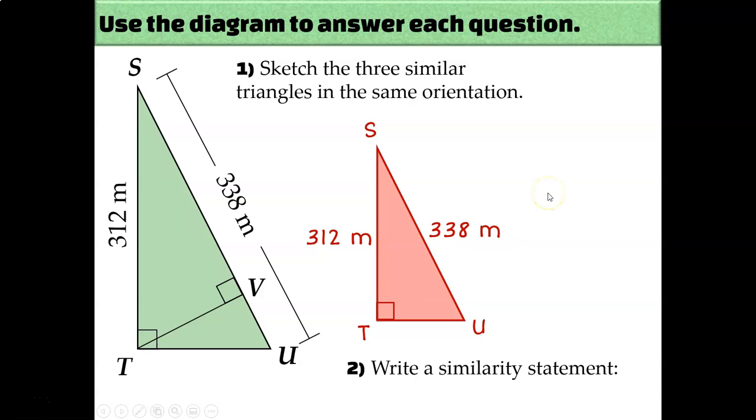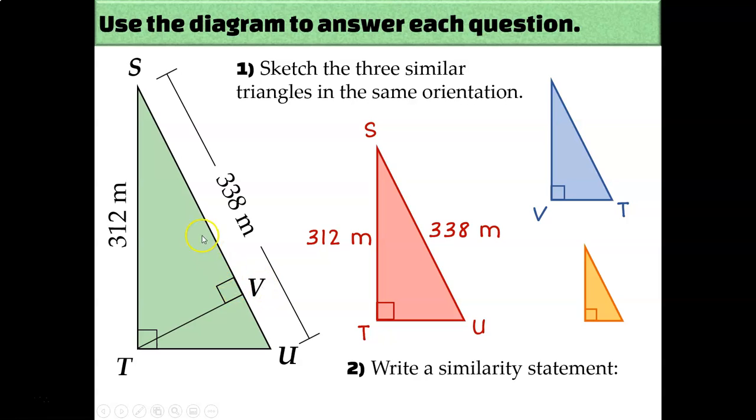Now I'll draw two more triangles, one a little bit smaller and one a little bit smaller still, and label those diagrams based on what I see in the diagram. The medium triangle is this one right here. Its right angle is angle V, so I'll label this one's right angle with V as well. Then if I go along the short leg of the medium triangle, V ends at T for the short leg.